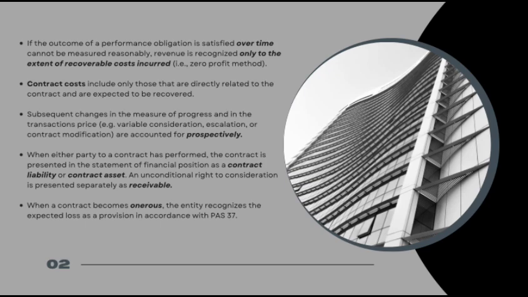If there are changes in the estimate of progress or the transaction price, for example, due to contract modifications or variable consideration, the changes are accounted for prospectively. This means adjusting future revenue recognition, not retroactively adjusting past revenue.